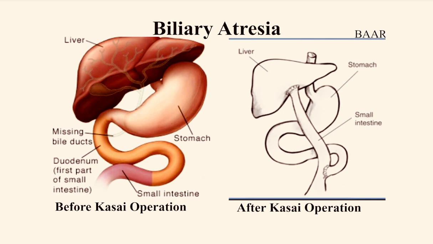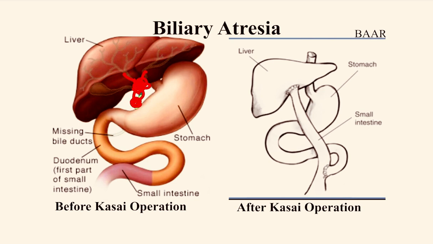And here we can see the Kasai procedure. First of all, this is the normal anatomy: the right hepatic duct, left hepatic duct, then the common hepatic duct, and then the common bile duct. There is atresia in this bile pathway. So the small bowel is cut and directly connected to the duct where the left and right hepatic ducts are present.